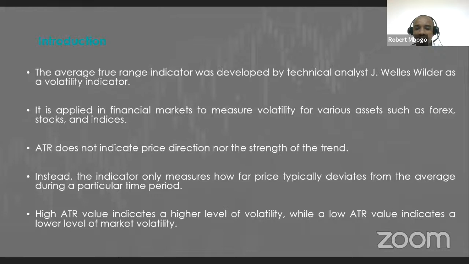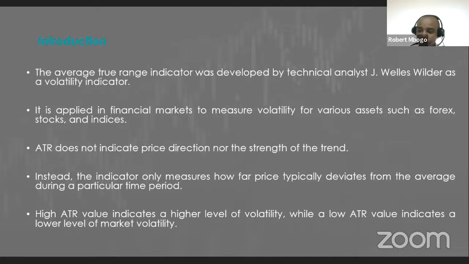To explain this simply, let's say the market was in a consolidation. When the market is consolidating, that means there's low volatility, so the ATR value at this point in time will be low. But if there's a breakout, then you'll tend to see the ATR rise, showing that there's some volatility in the market. Examples will be presented later as we move forward.